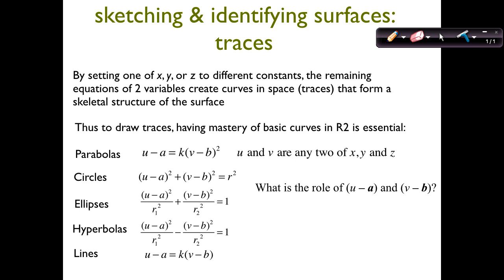So to be centered at the origin, all your u values would have to be an amount a bigger. And so that bigger means going in the positive direction of that axis. Same with this. So the role of a and b are translation from the origin to (a, b).